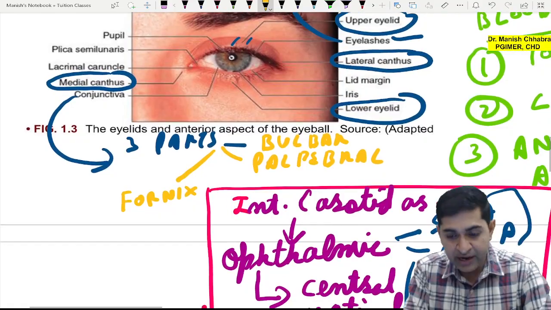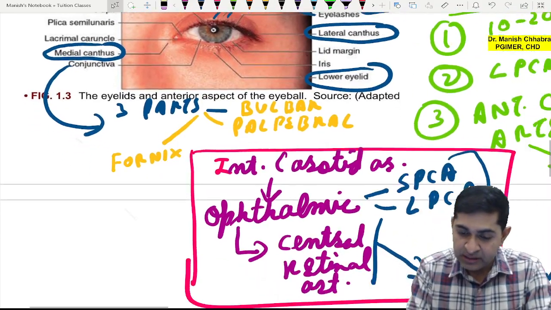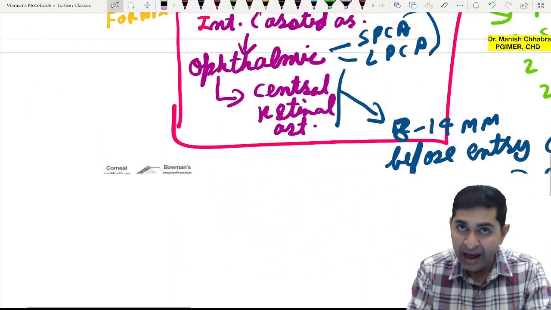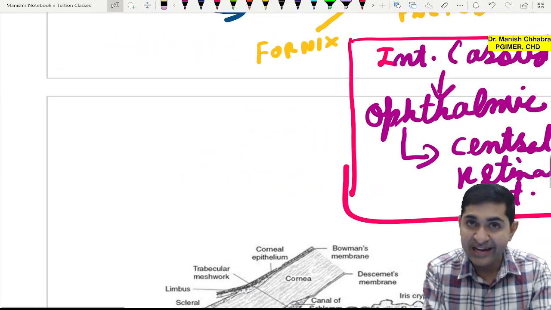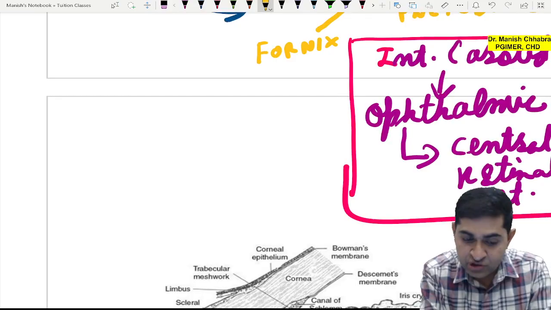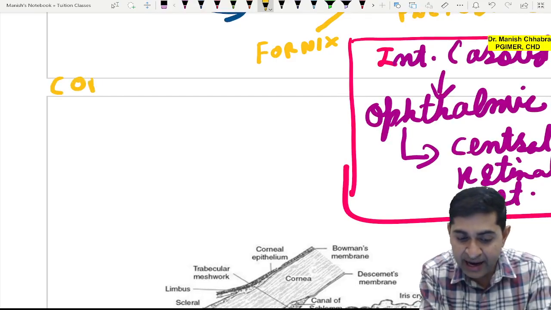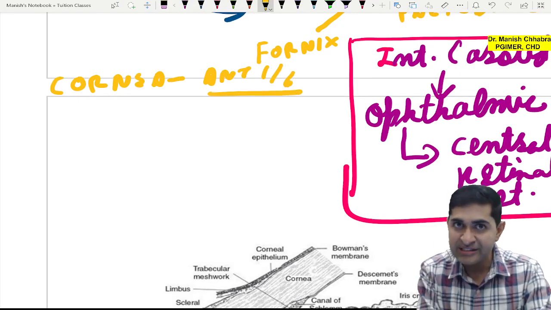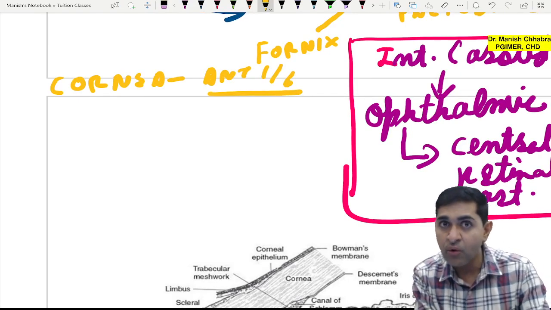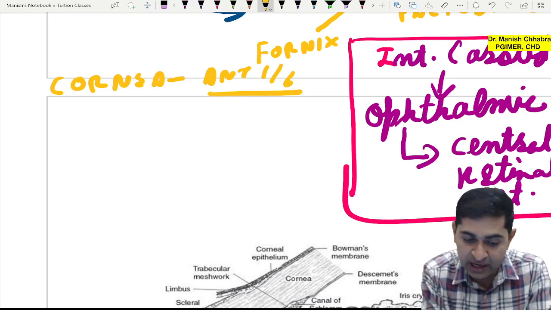Okay, all right. Now taking it a little higher, I told you that there is sclera and cornea. So you know that anterior 1/6 is cornea. Now how many layers of the cornea are there?